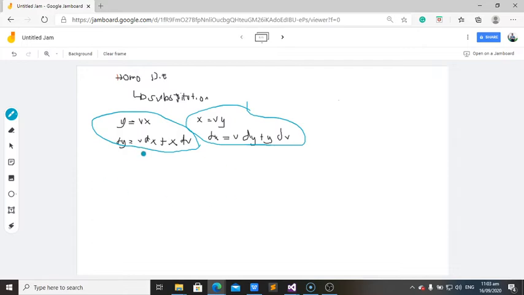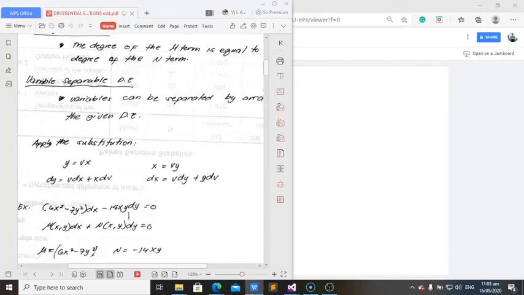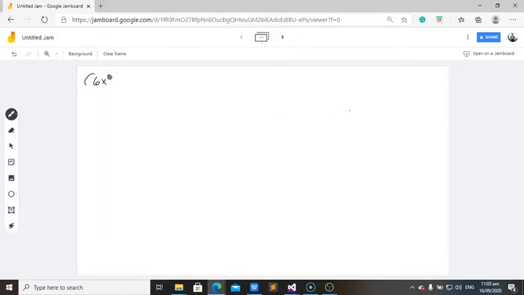So that you know whether you can use homogeneous differential equation, or if it cannot be separable. Okay, so let's try our given. Our given is 6x squared minus 7y squared dx minus 14xy dy equals 0.